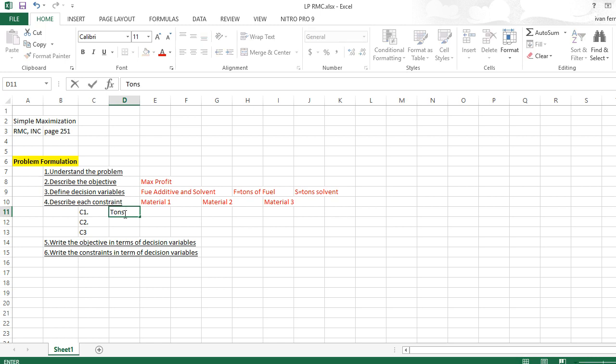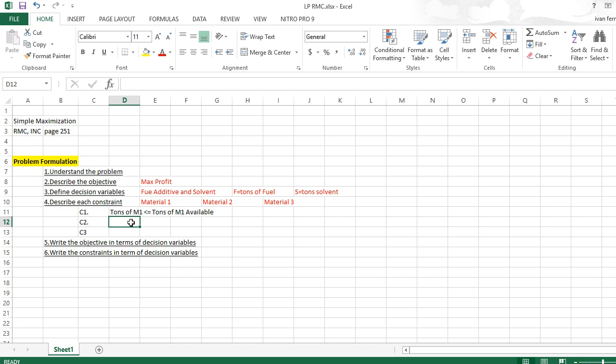So tons of material 1, let me call it M1, is less or equal to tons of M1 available. Okay, so basically what it's saying is don't use more than what you have. That is very simple. It's a very simple constraint. If you're given 100 tons of material 1, you cannot use 101. You must use no more than 100. Okay.